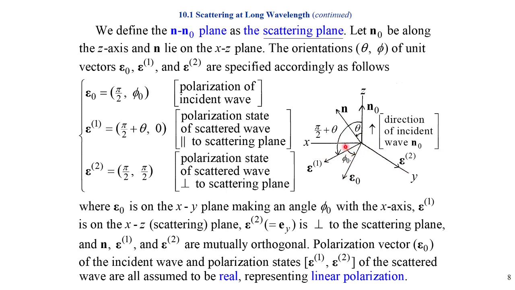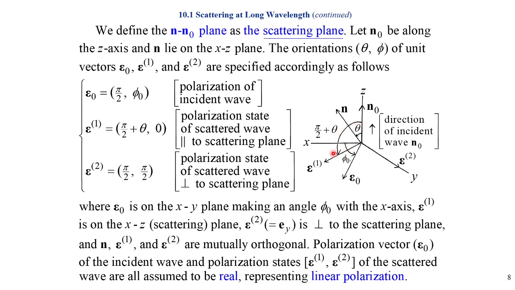Phi is the angle between the x-axis and the incident polarization, epsilon zero. And epsilon zero is in the xy plane. Epsilon zero just lies on the xy plane. Why? Because it must be perpendicular to the incident wave. So that's the only possibility. It just lies on the xy plane.